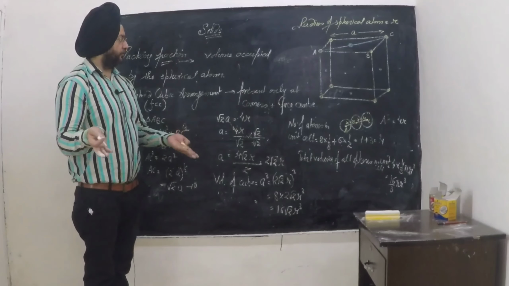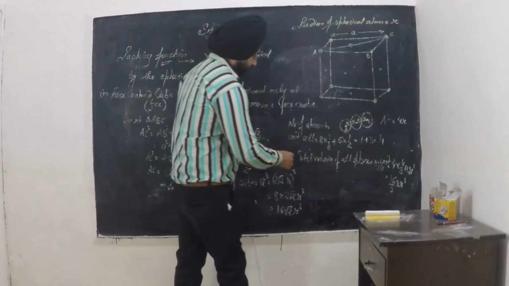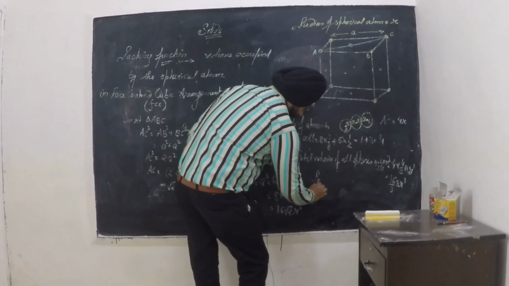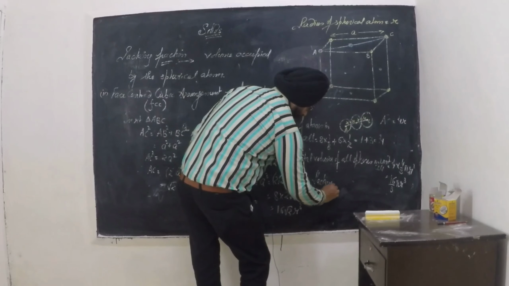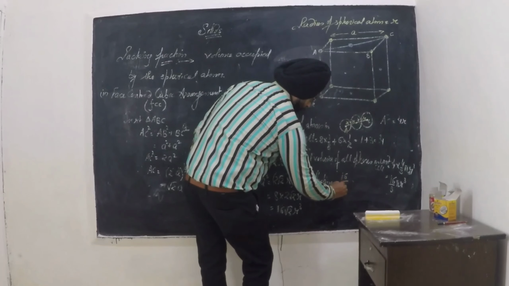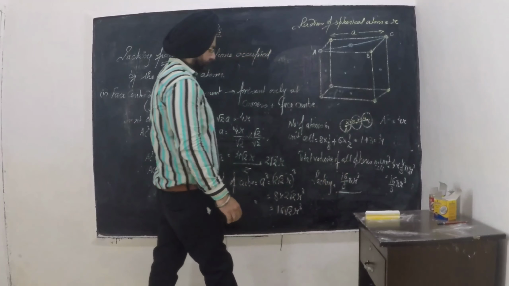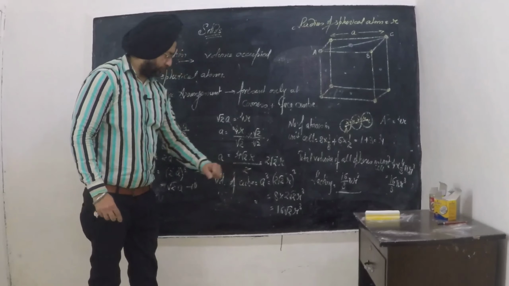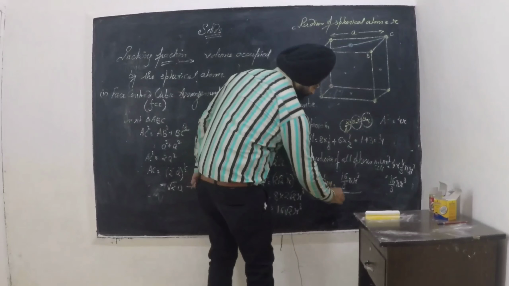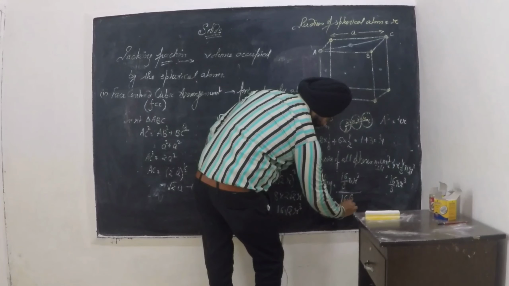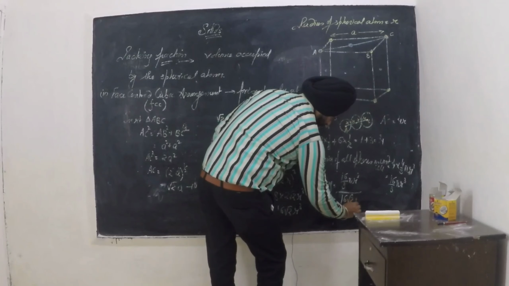Now, the last step is the packing fraction. The packing fraction is the total volume of all the spheres, that is 16 by 3 pi r cube, over the volume of the cube, 16 under root 2 r cube.